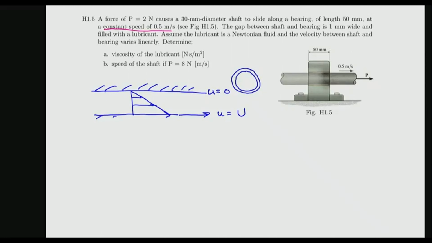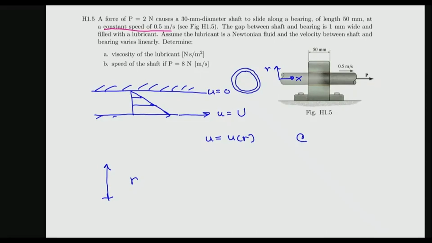Now, if one prefers, you could do this with the r coordinate. Okay, so the coordinate would be x along the shaft, and then at the center line of the shaft would be the origin, and then r radially outward. Then you could determine u as a function of r for this particular problem.